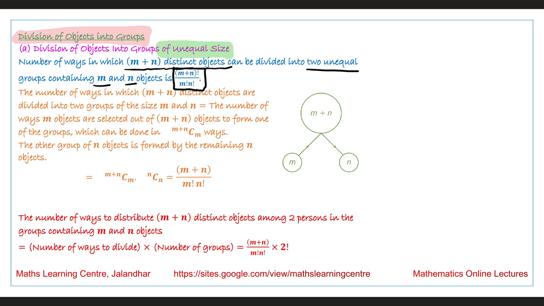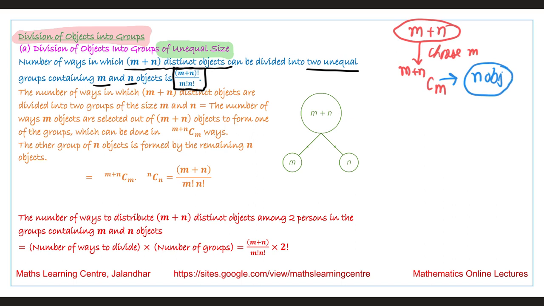So we are saying we have total m plus n objects. Out of these m plus n objects, the first step we have to do is choose m objects. So the number of ways of choosing these m objects is m plus n c m. When these m objects are chosen, we are left with n objects. Out of these n objects, the next step is to choose n objects.